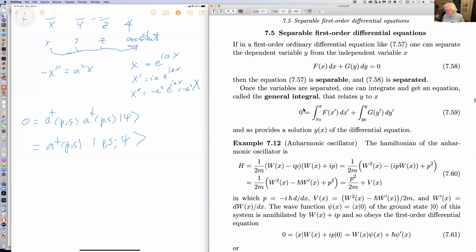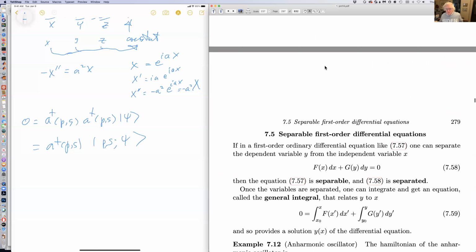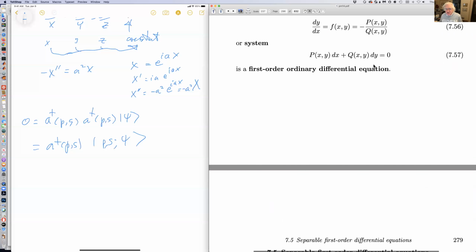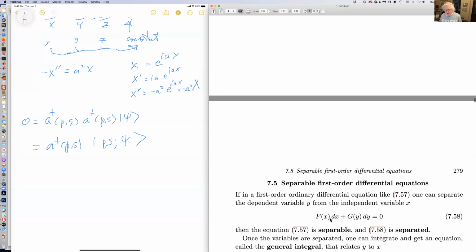Now, these things are easily solved if they're separable. And a separable first order equation is one in which this thing here can be rewritten as f of x dx plus g of y dy.